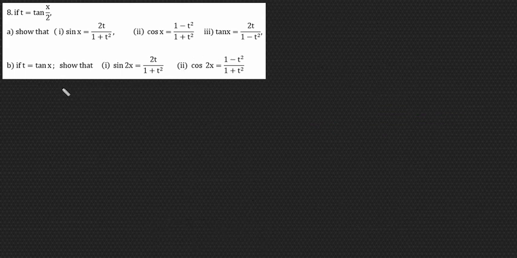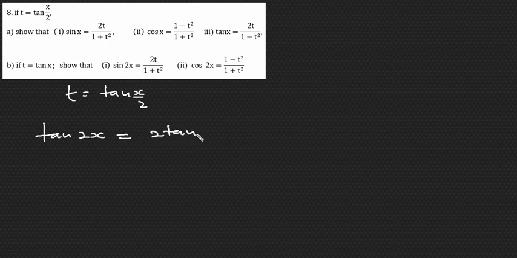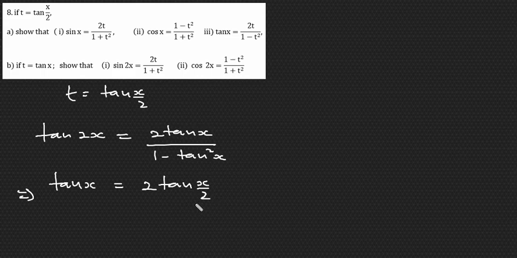So now for tan, if t is tan x by 2, we are interested in tan x, but remember tan 2x is 2 tan x over 1 minus tan squared x, implying that if we use the half angle formula, tan x will be equal to 2 tan x by 2 divided by 1 minus tan squared x by 2.